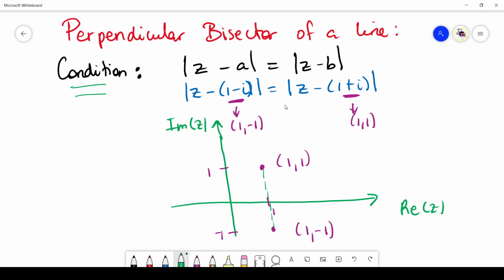And what this condition allows to take place is that whenever you have two complex numbers connected in such a manner where the modulus of each is equivalent, then the actual location of this is the perpendicular bisector of this connector line.